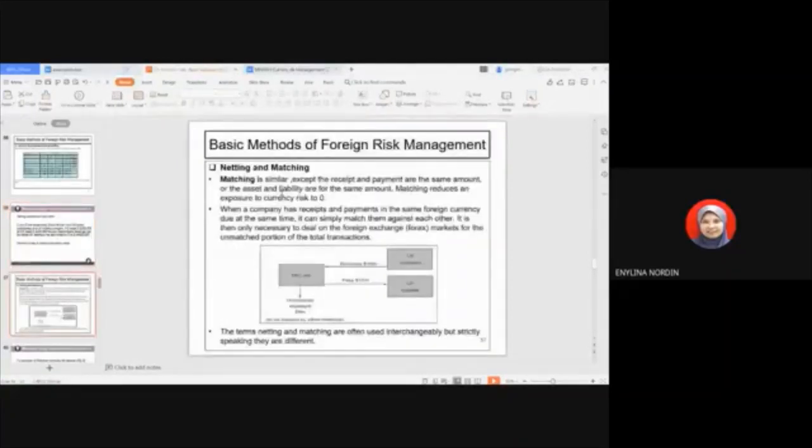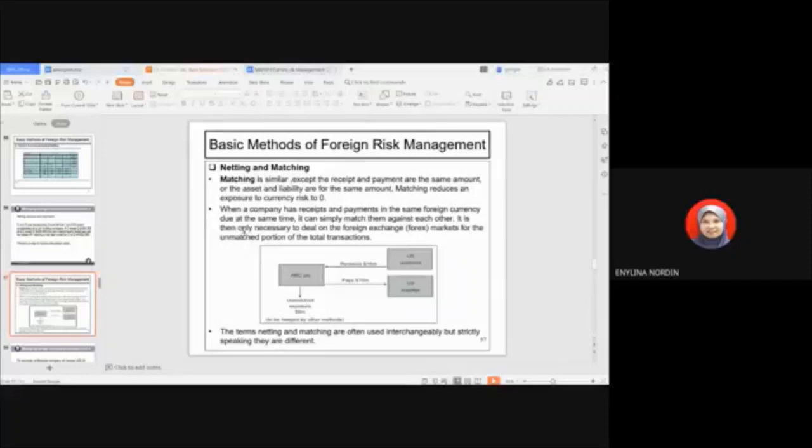So this is what I mentioned about matching. The matching objective is to reduce the exposure to currency risk. When the company has receipts and payments in the same foreign currency due at the same time, it can simply match them against each other. So this is similar to the example that I gave you earlier.